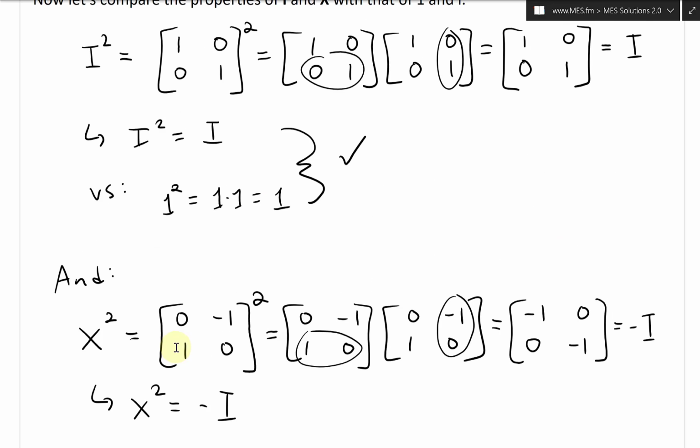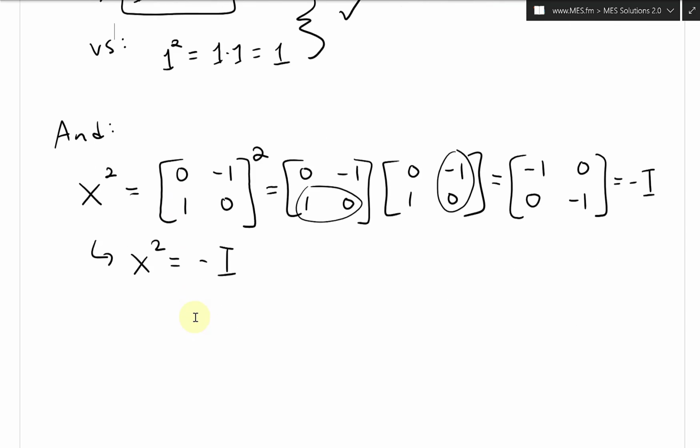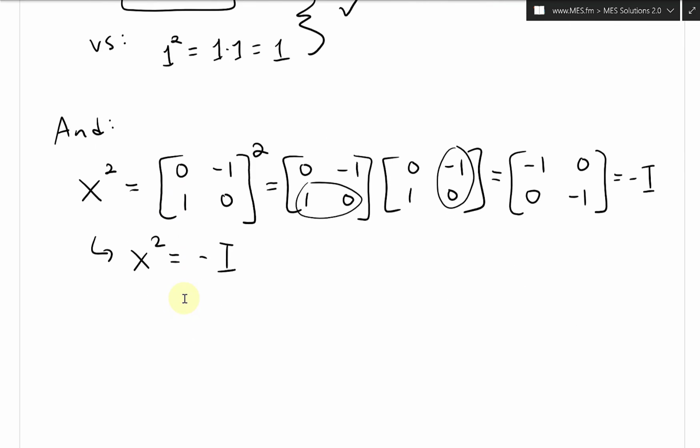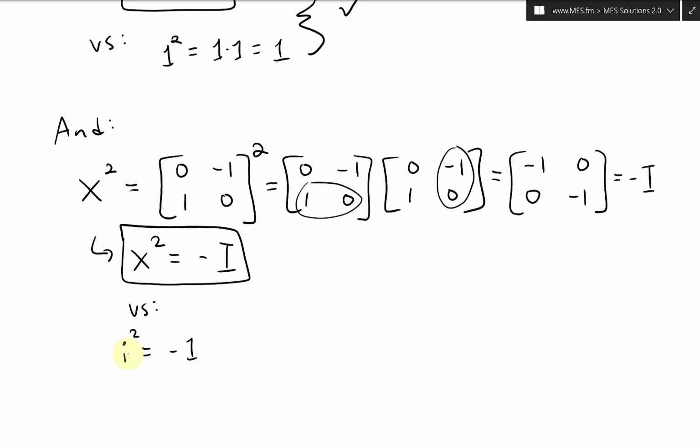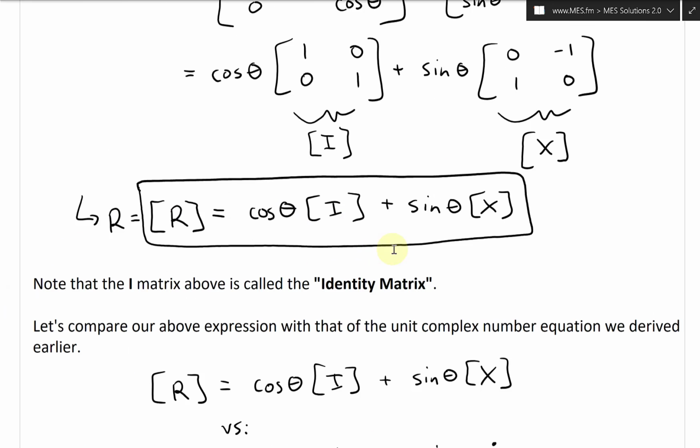Alright, notice the similarities. First I'm going to box this out. Now compare this with the imaginary number: i squared equals -1, which is that imaginary number setup. I'm going to box this out like that. And this checks out. Notice they're exactly the same.